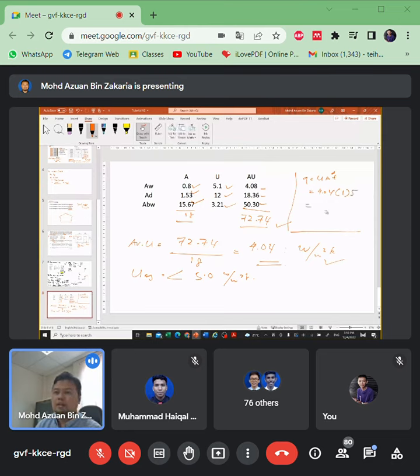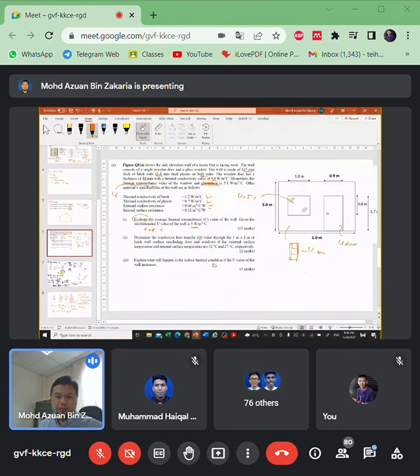So we can get around 20.20 watt. Right, 20 watt.